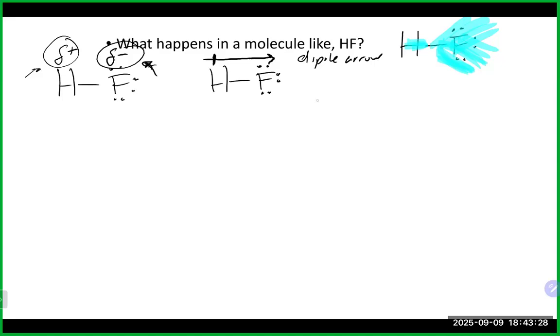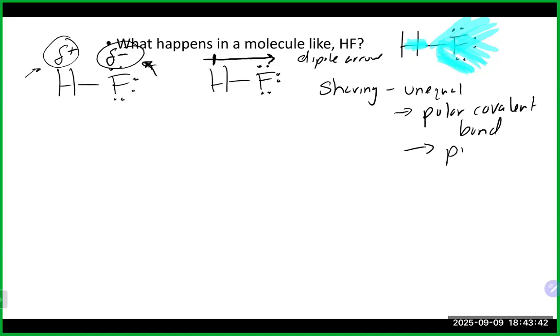This type of sharing of electrons, which is unequal sharing of electrons, is known as a polar covalent bond, or just a polar bond. And again, most people will just simply call it a polar bond in this case. So a nonpolar bond, we have equal sharing of electrons.